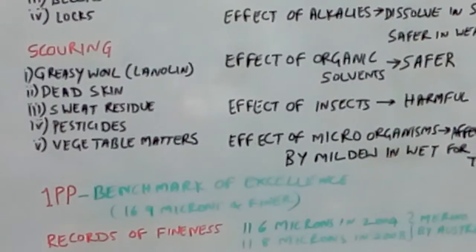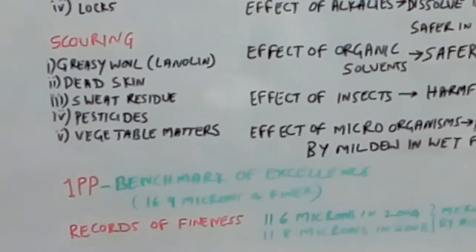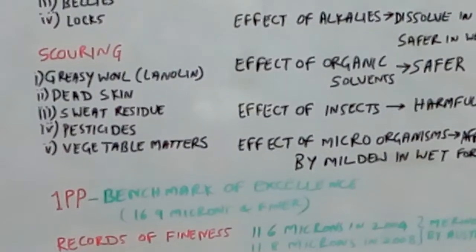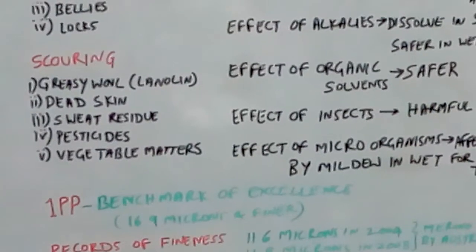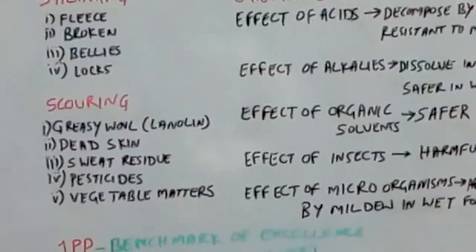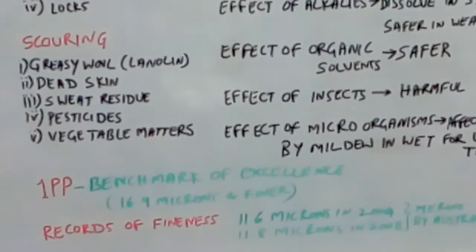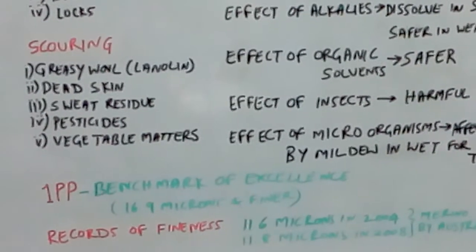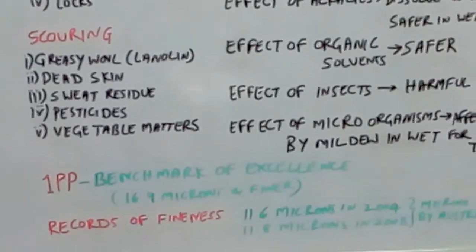Also, the Australian Wool Exchange Council made an international standard, 1 pp. 1 pp means an international benchmark of excellence. Those woolen bales coming to the market globally, which are of finer quality, having a staple diameter of 16.9 microns or less, are considered or given as 1 pp. 1 pp means a finer quality that can be used, but it is costlier.